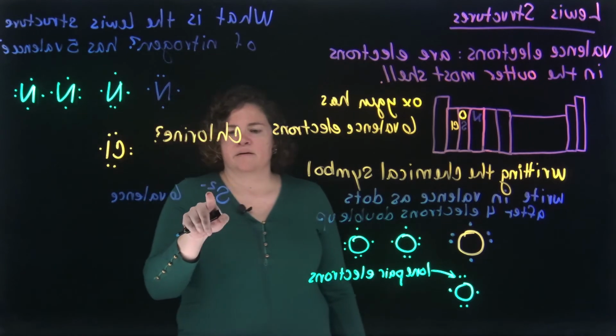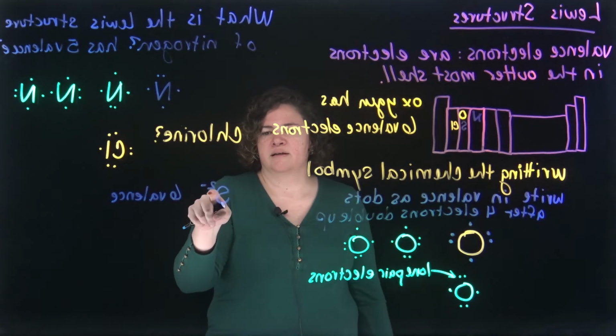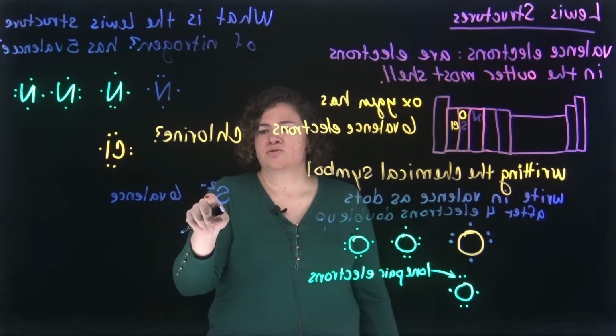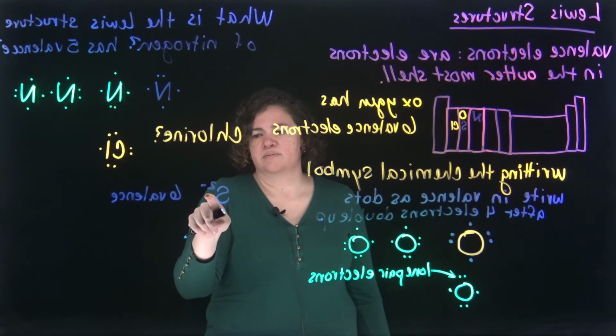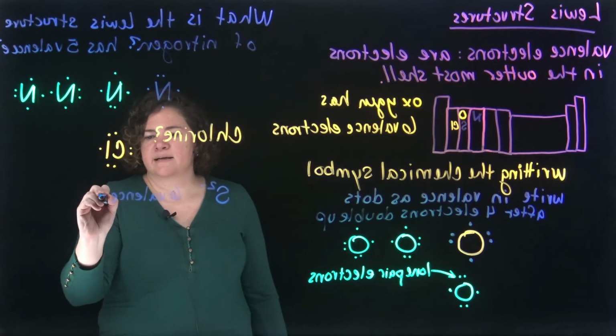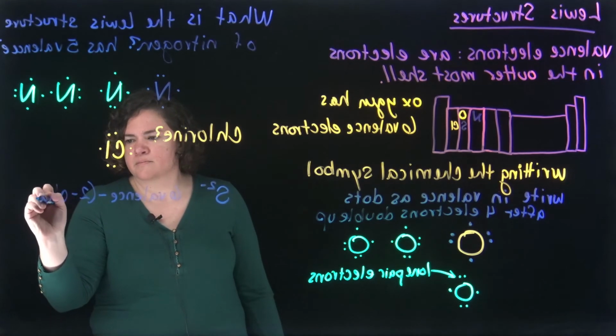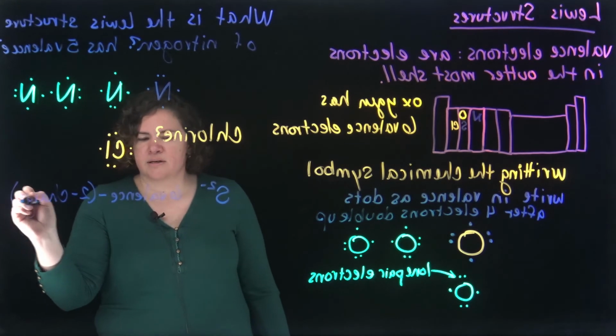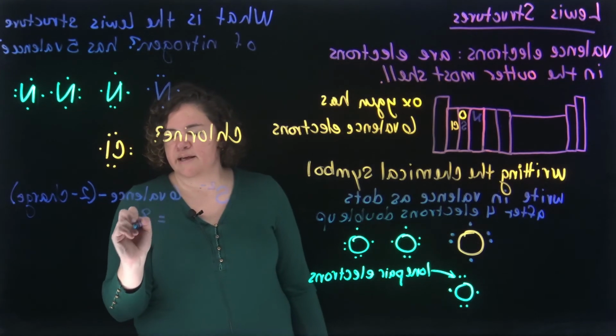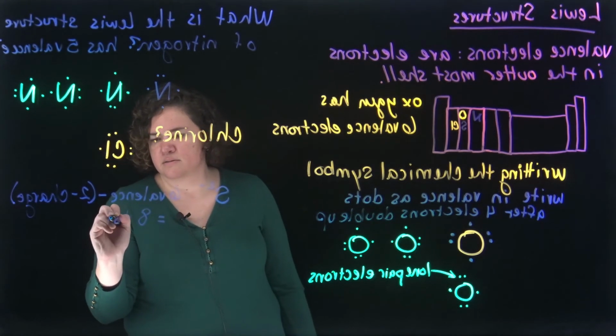However, there is a -2 charge here. So 2 more electrons need to be added. So if you subtract the charge, then you get that there is a total of 8 electrons to work with.